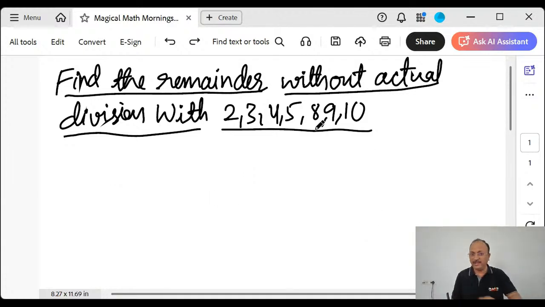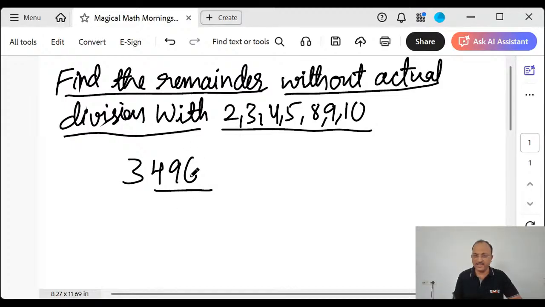Same trick we can continue when you are dividing by 8. Suppose 3496. What is the divisibility test for 8? You check the divisibility of only the last three digits combined. Correct? 496 if you take, you divide this by 8, what will you get? 8 6s are 48 and 16 is there. 8 2s are 16.